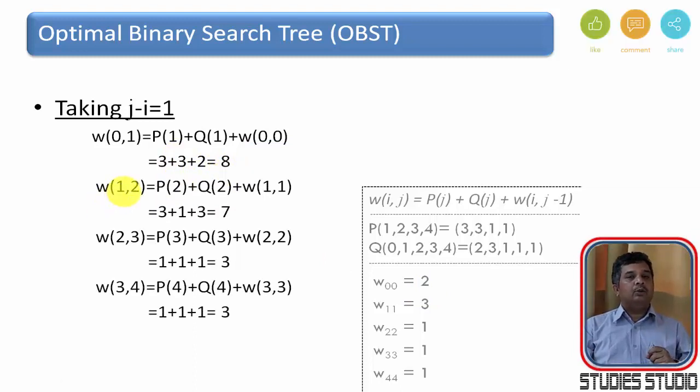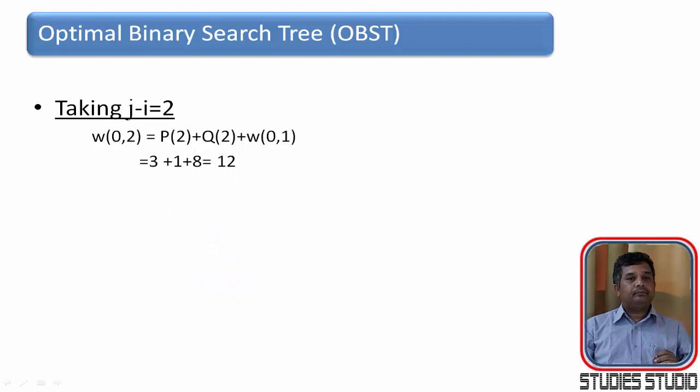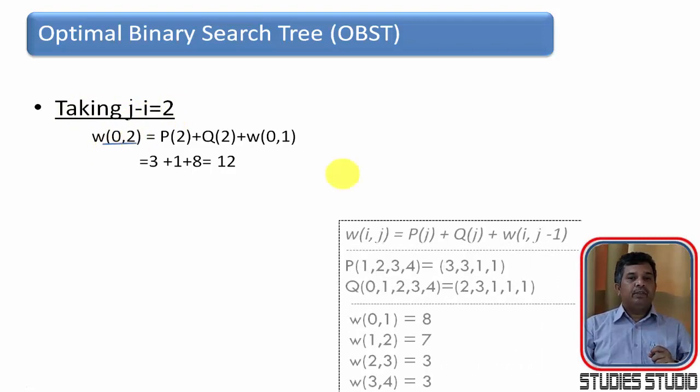Similarly, all other values where j minus i equal to 1 we need to find. That is W12, W23, W34. And the values will be 7, 3 and 3 respectively. Now let us find j minus i equal to 2. It means i value is 0, j value is 2. Let us apply this formula again.